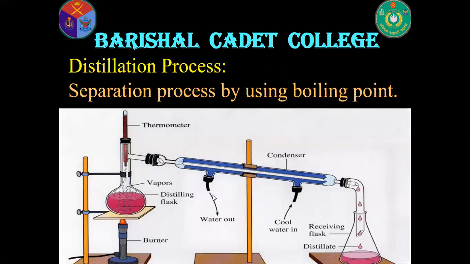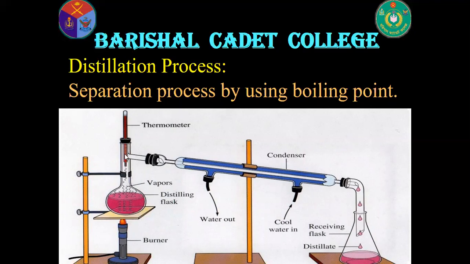Here is the normal distillation process. This is the flask. In this flask, we take the solution or sample which should be separated, and it is heated by using a burner. There is a thermometer.